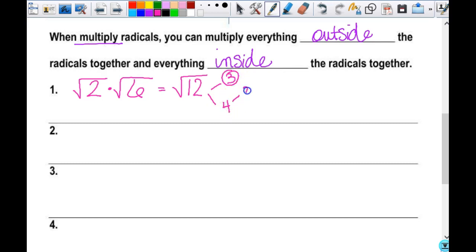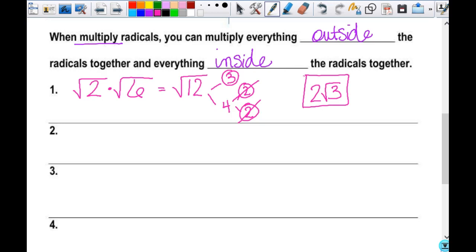And then 4 becomes 2 and 2, which means the square root of 12 is 2 square root of 3. Everybody okay with that? So always try and simplify it at the end. It's just like fractions. They should always be reduced all the way. Always. With square roots, they should always be simplified all the way. It's the same thing.